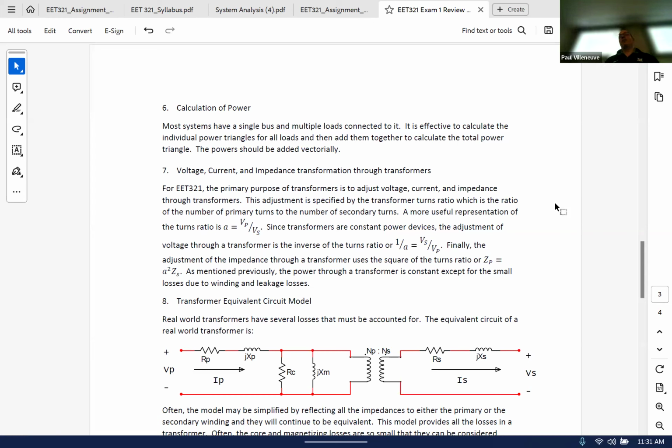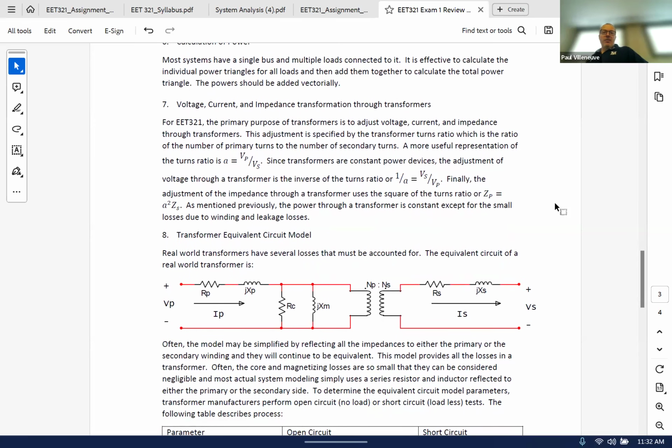Most of the things in your utility or your facility are going to be in parallel, so you just add them all up. Very few things are in series with each other. So that's what I say, adding them vectorially. Don't just say P1 plus Q1 plus P2 plus Q2. It's P1 plus jQ1 plus P2 plus jQ2, and on and on and on.